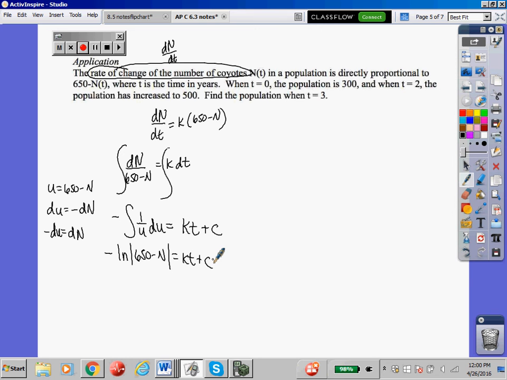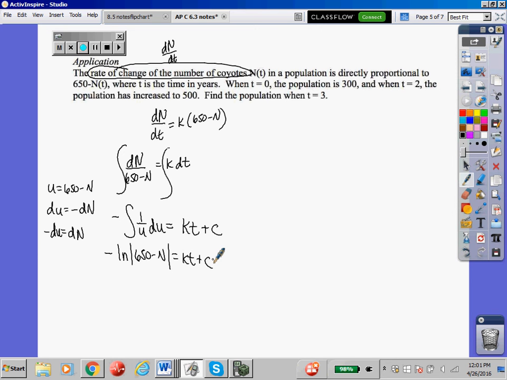One of the things I need to remind you of back from Algebra 2 with logarithmic equations is in order to rewrite a logarithmic equation, the log has to be alone. There's a negative sign out front.